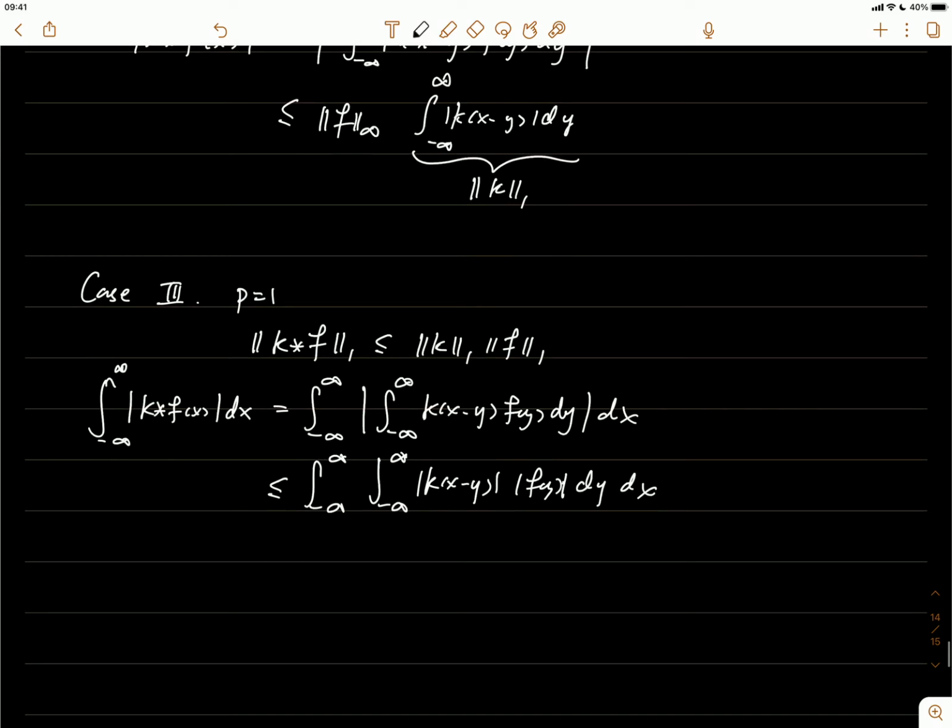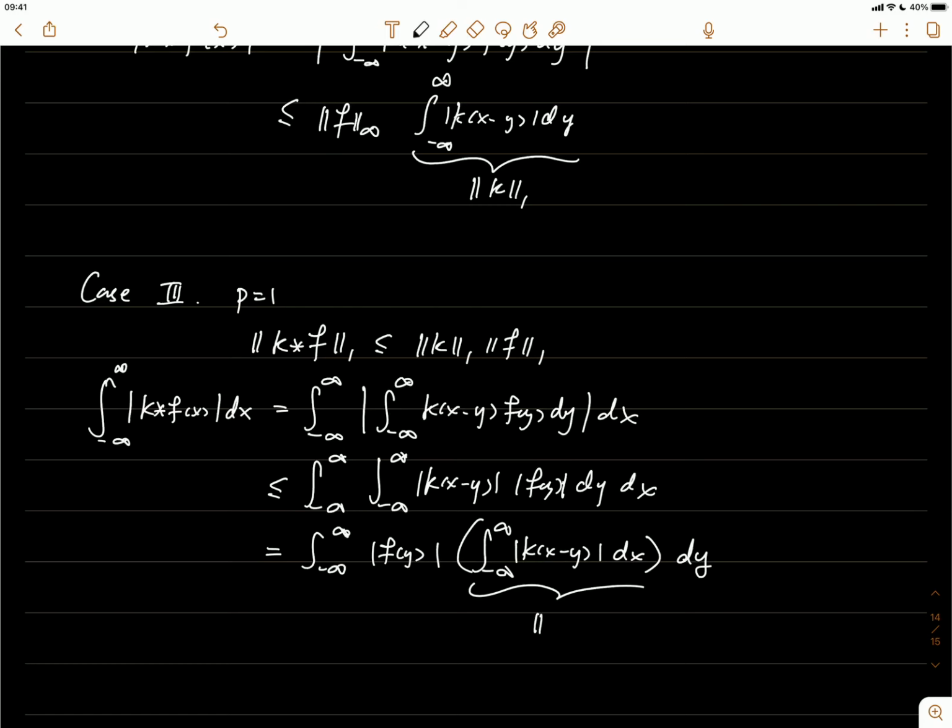Okay, now it's the same trick as before. Everything in the integrand is totally positive, so we can exchange the order of integration. So we do the integration over x first, then dy.